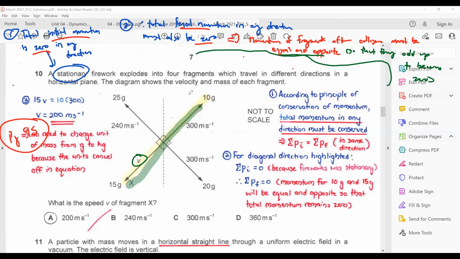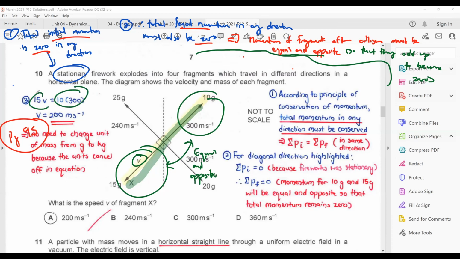What you will know is that this momentum and this momentum will be equal and opposite along this direction. So what you just do is that you just say it will be 10 times 300 equals to 15 times v.